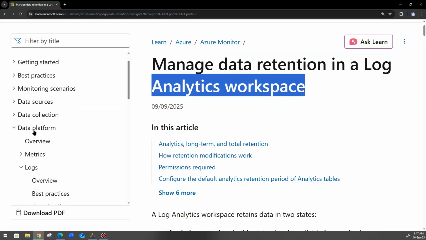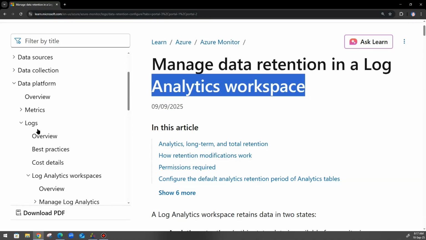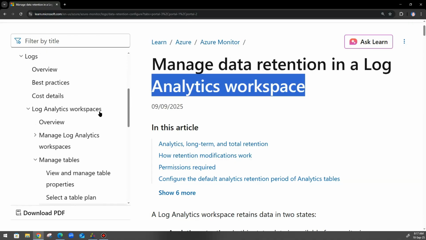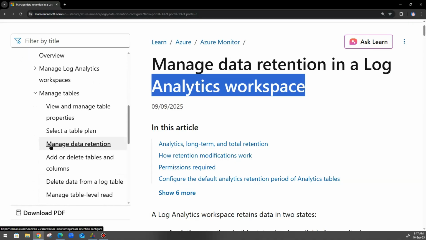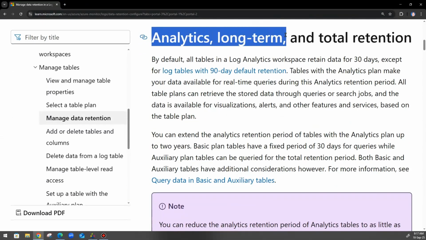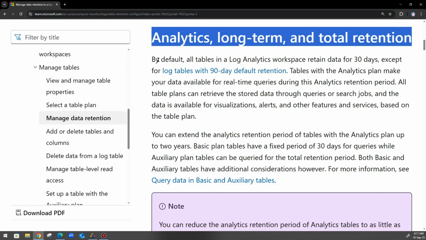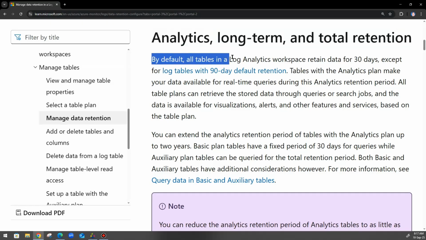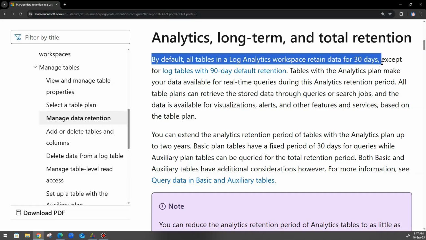We'll go to data platform, logs, Log Analytics workspace. Under that, manage tables, and we can manage data retention for each table: analytics, long-term, and total retention. By default, all the tables in a Log Analytics workspace retain data for 30 days, except for log tables with 90 days default retention.